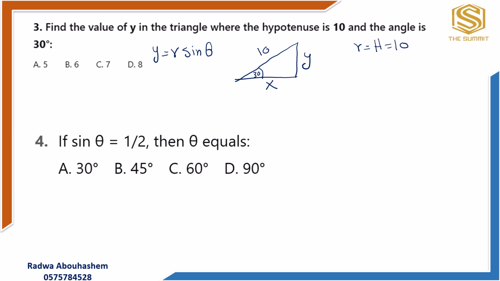And we know the formula, y equals r sine theta. So 10 sine 30. Now, sine 30 equals what? Sine 30 equals half. So 10 times half gives me 5. If sine theta equals half, then theta is 30. So yes, sine 30 equals half.